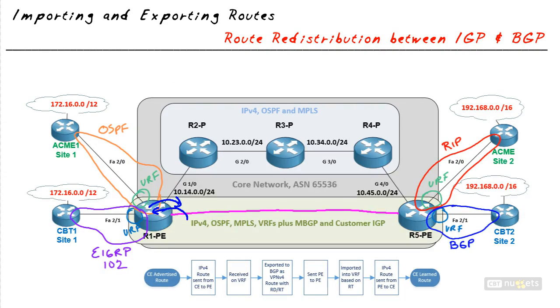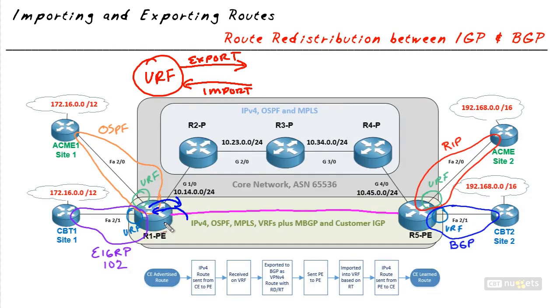So if you recall the diagram that I had you write out in a prior video, let's write it out again. That's with the VRF here. And it is the center of the world regarding the concept of importing and exporting. If we're taking routes out of the VRF and we're putting them into BGP, it's an export. Again, from the perspective of the VRF. If we're taking routes out of BGP and we're putting them into the VRF, that would be an import.